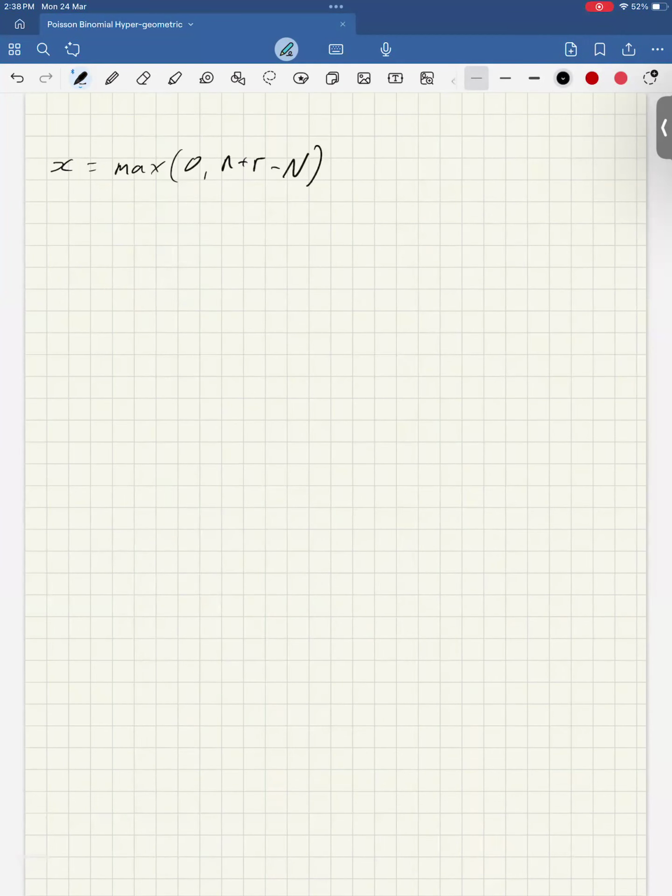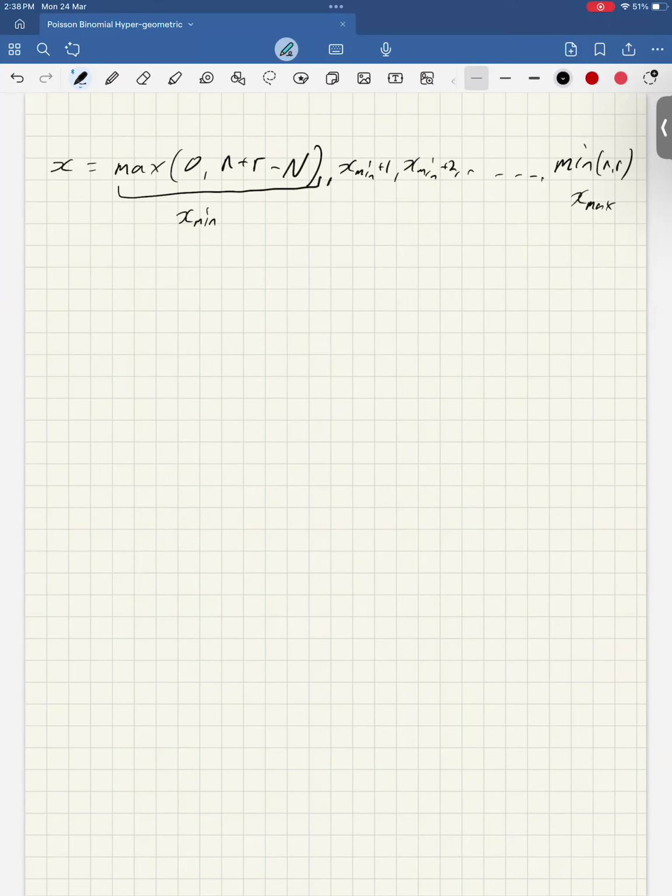Whatever this number is, it's the smallest possible value. You can call that X min, for example, and the next one will be X min plus 1, and then X min plus 2, up to the last one, which is going to be the minimum of N and R, and that's X max.